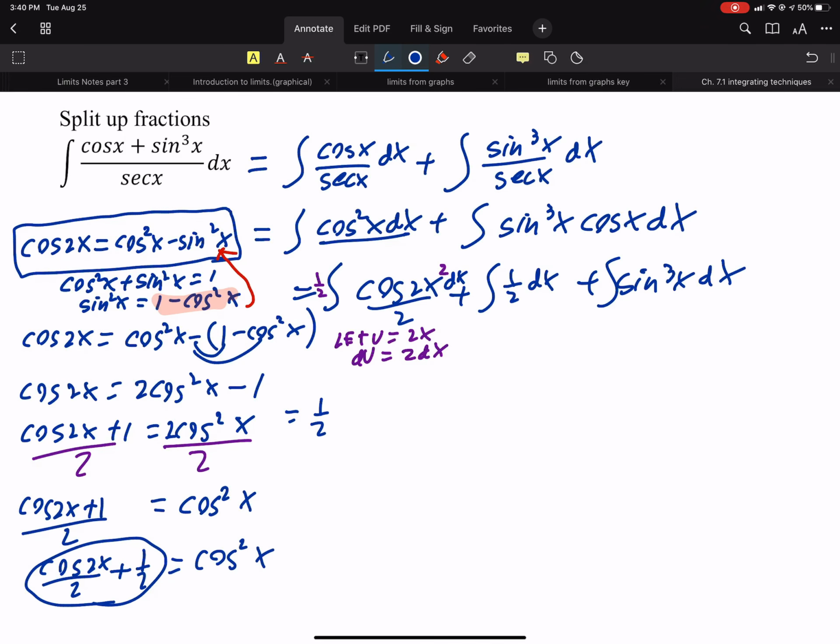So we have a 1/2 and the cos 2x, and that 2 comes out in front, so we'll make that a 1/4. And this will be cos u, and all this becomes du. And I will leave this nice and pretty.